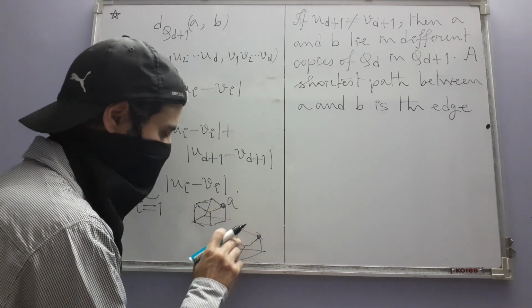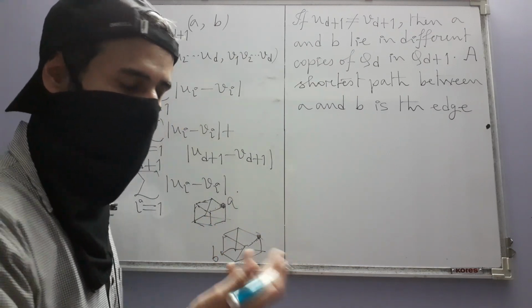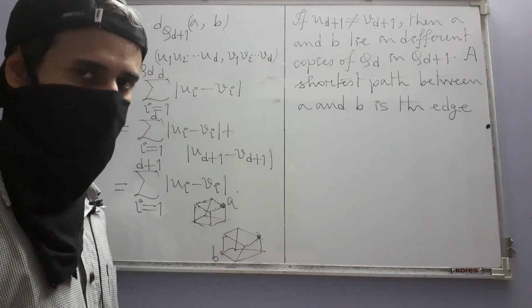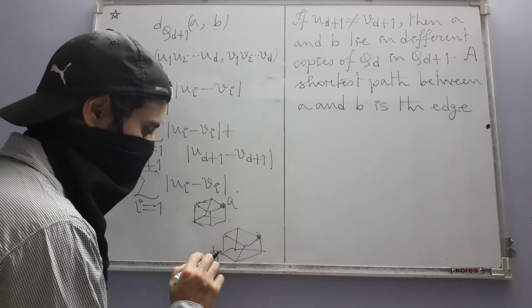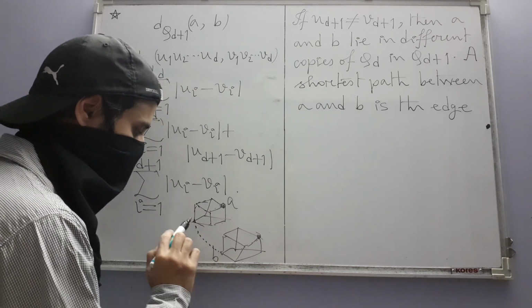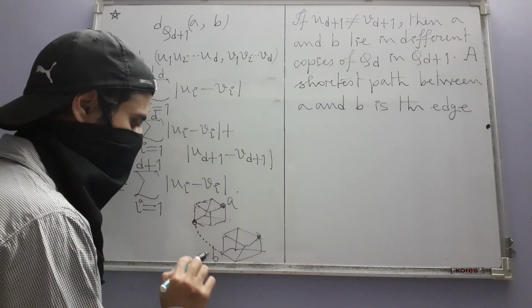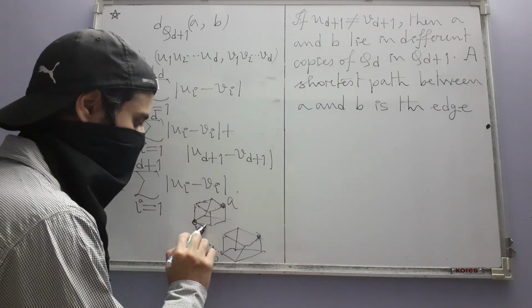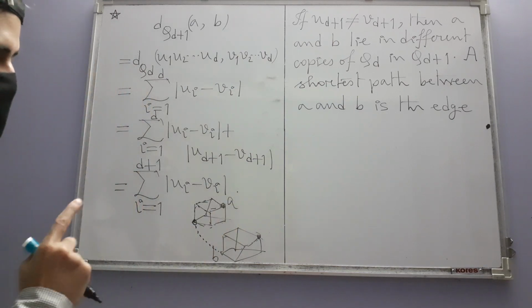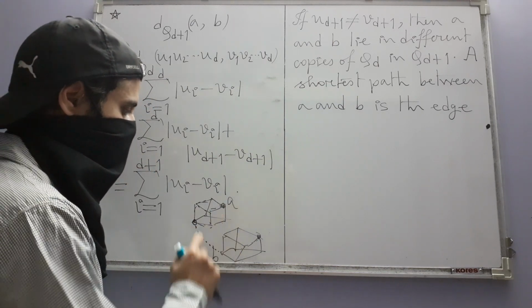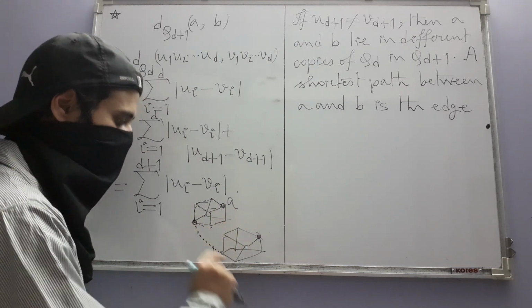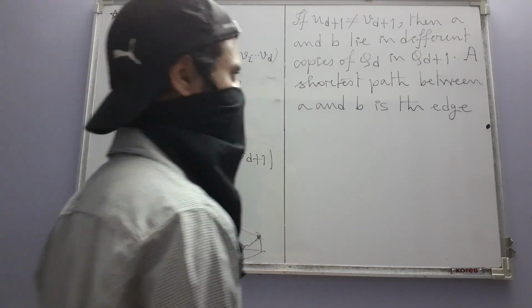Because I have written things in that manner, you can think of reaching A from B also. That way also you can imagine. So what you do, you make the jump from B to the corresponding vertex in the upper copy, and then here you find the shortest path between this vertex and A. So that means a shortest path between A and B will be a shortest path between A and this vertex followed by this edge. Let's write that.